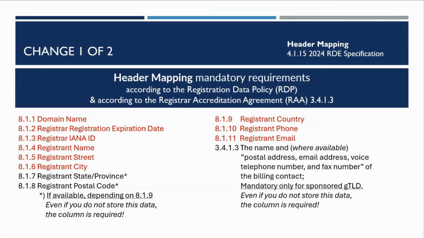And some additional information in black, which are only necessary, like the postal code, if there are postal codes in the country of the registrant, and for example, billing contact name and addresses, which are only necessary for sponsored GTLDs. On the next slides, we will show you more in detail what this means.